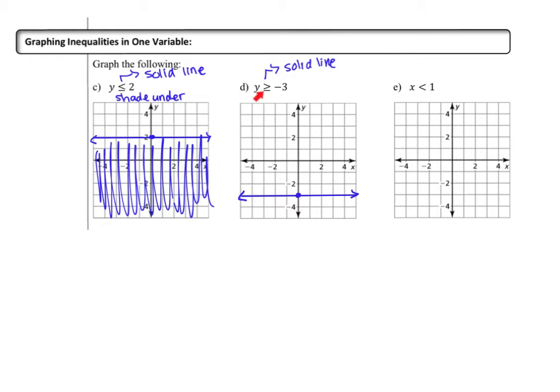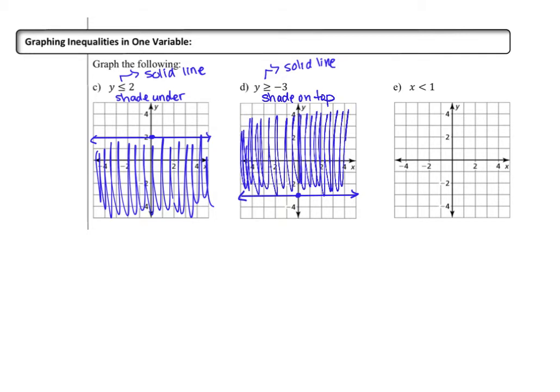And my sign is greater than or equal. So because it's greater than, you're going to be shading on top of the line. That's going to be all of the values up here that are greater than or equal to -3. So all these numbers up here are greater than or equal to -3.